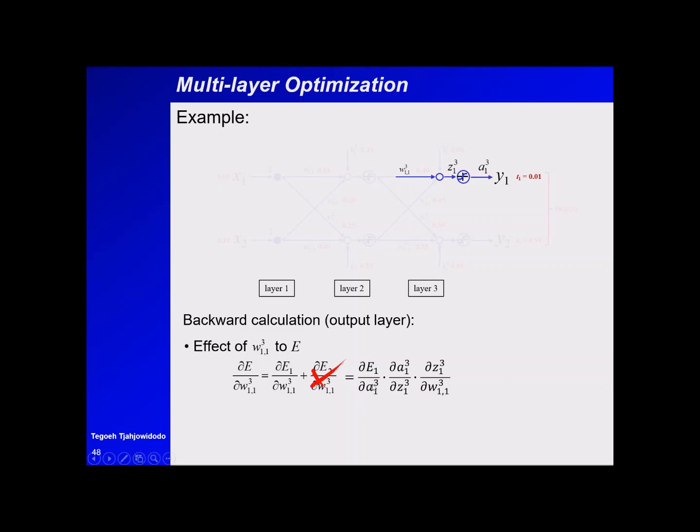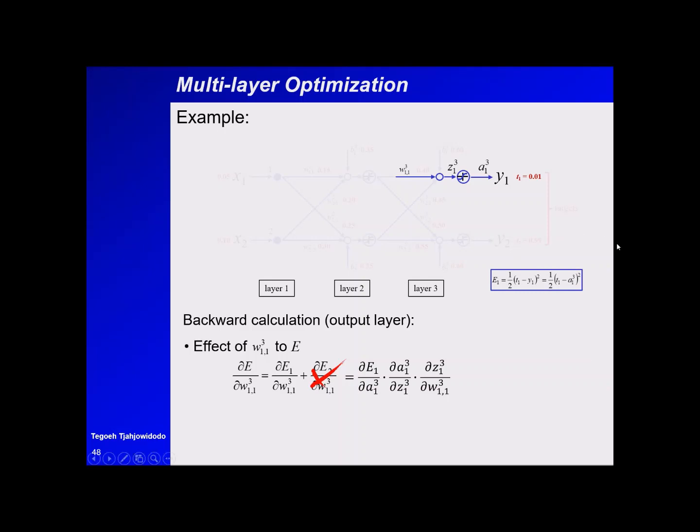So this part basically is equal to minus (T1 minus Y1), times, chain rule again, the first derivative of A13 with respect to Z13, times the first derivative of Z13 with respect to W113.